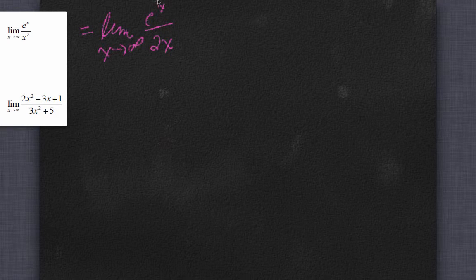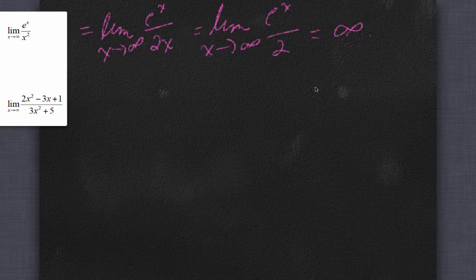I still get infinity over infinity. This time I get infinity over 2. So it's infinity. Basically, e to the x grows faster than x squared. You should probably know that because you're always hearing the phrase, that grows exponentially, even when it's a lie. Anyway, exponentially is very, very fast.